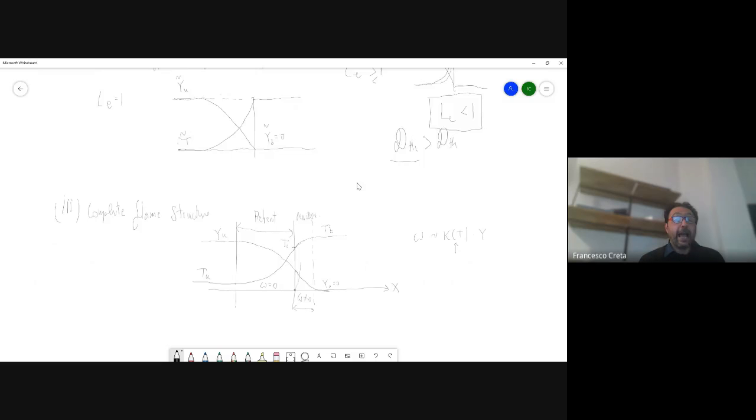But as you can see, as the temperature increases, the reactant also decreases. So there is going to be a peak, and at some point it's going to go down, not because the temperature is not high, the temperature is the highest, but because the reactant is actually being depleted. So this is essentially the form of the reaction rate.